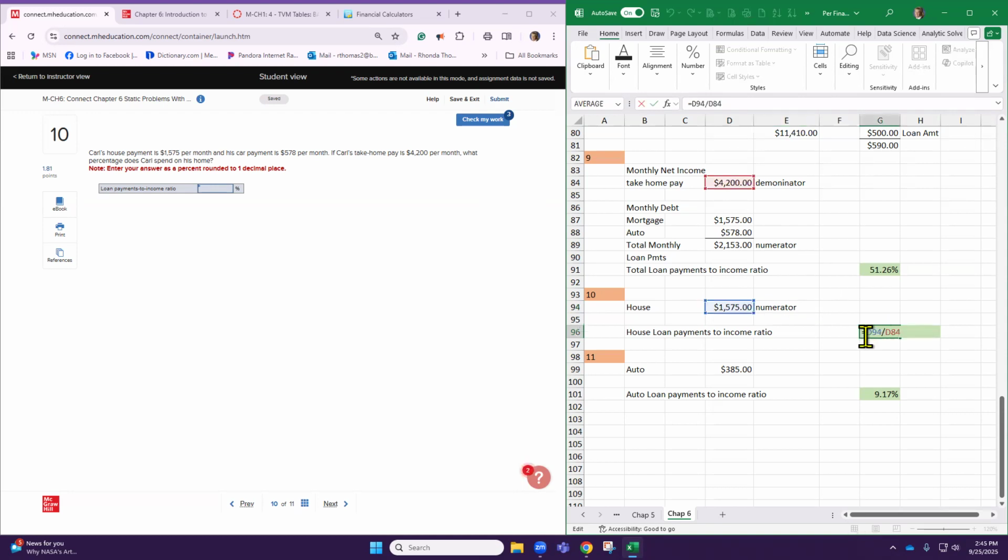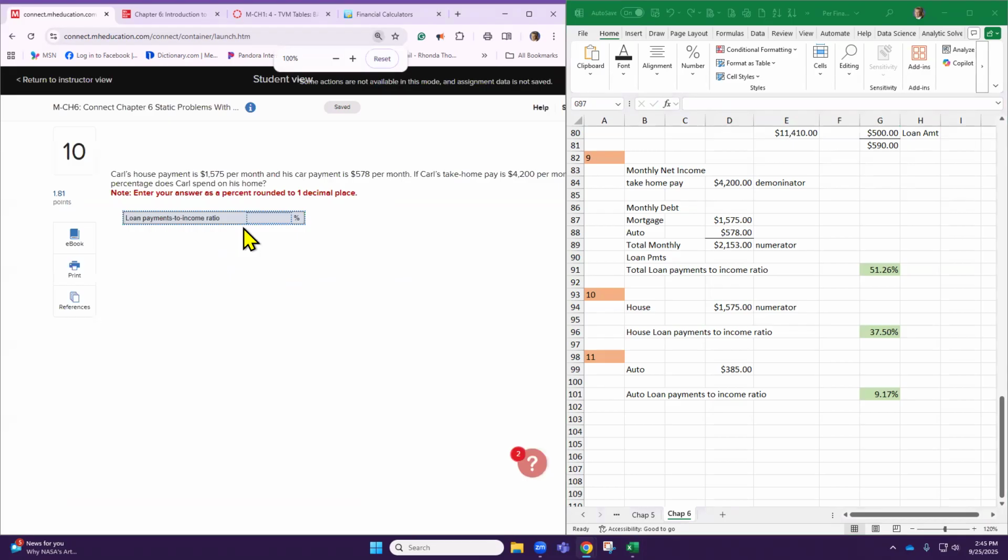So we have $1,575 divided by $4,200. It turns out that the loan payment of just the house, how much of his take-home pay is his house? The payment of his house is 37.5% of his take-home pay.